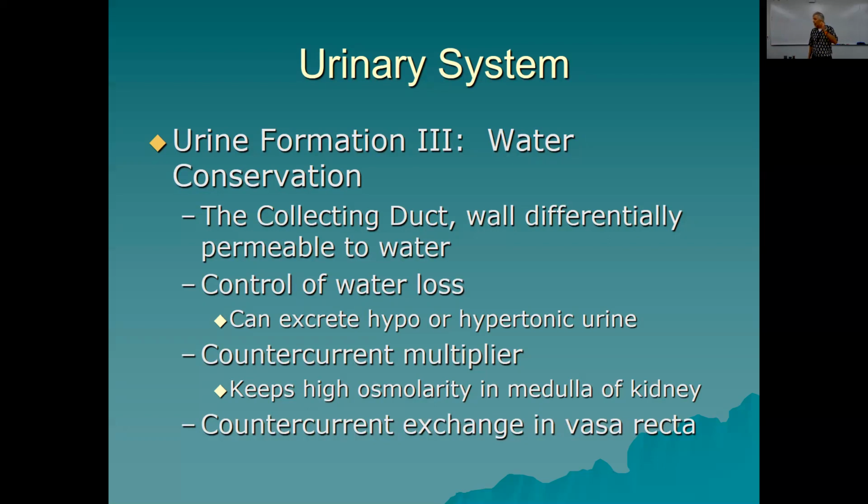So here's why it's important that the fluid that enters the collecting duct is more watery than the blood. Because if you're really overhydrated, this 50 milliosmole fluid will flow through the collecting duct, and there's no ADH present.